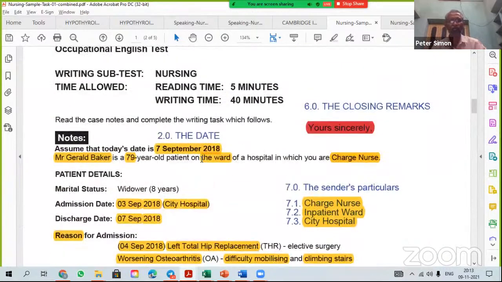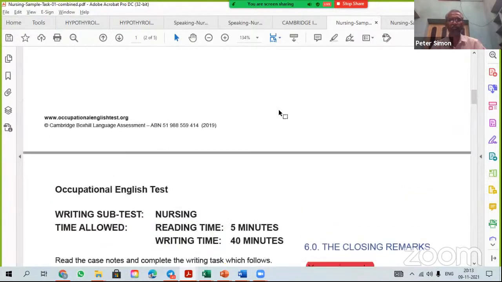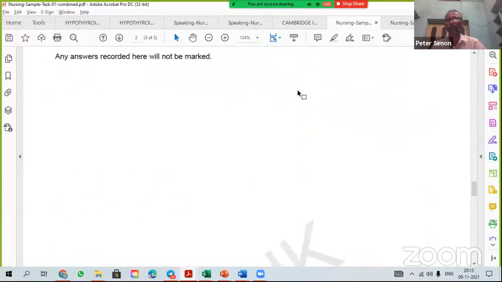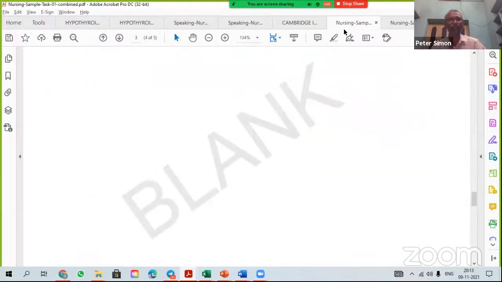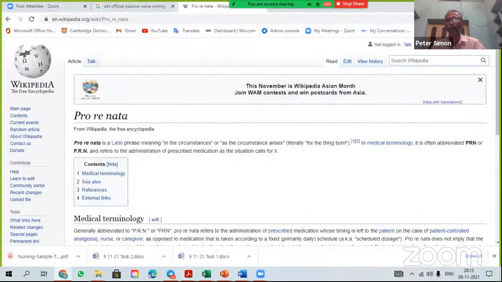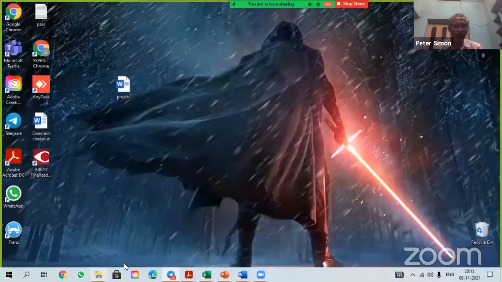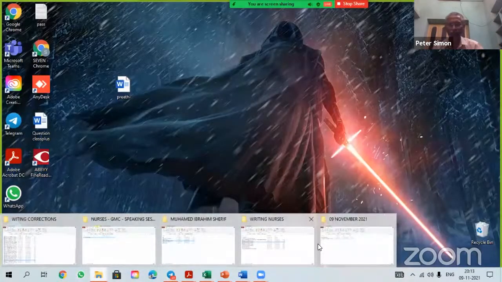The 5 pages with all ticks and marks, everything is there. I'll put it there. Nursing sample task 101. Writing nurses.